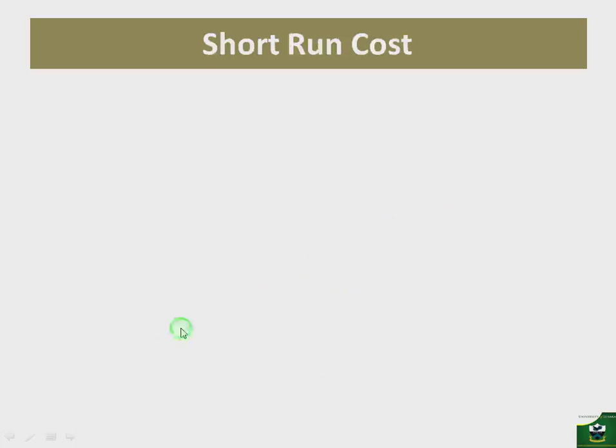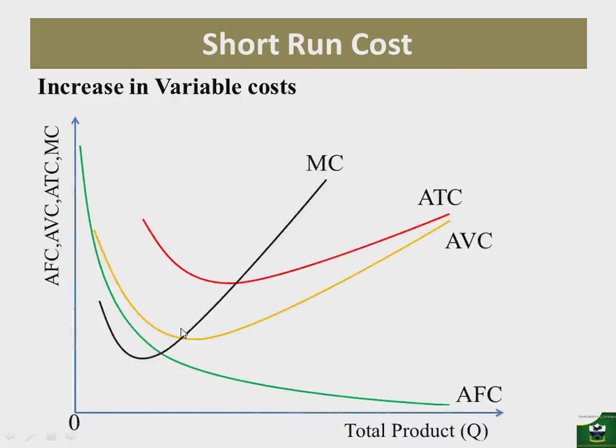Okay, let's now look at the changes or the increase in the variable costs. With our initial cost curves, an increase in the variable cost will also increase the average variable cost. And if that happens, our average variable cost curve will shift upwards to a new level, and we call this the average variable cost prime.